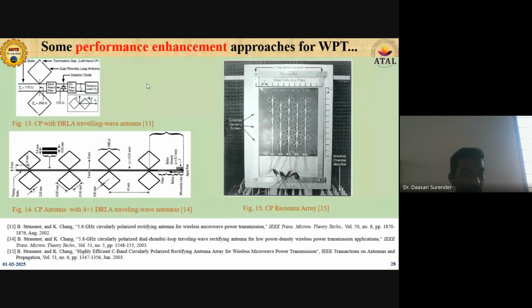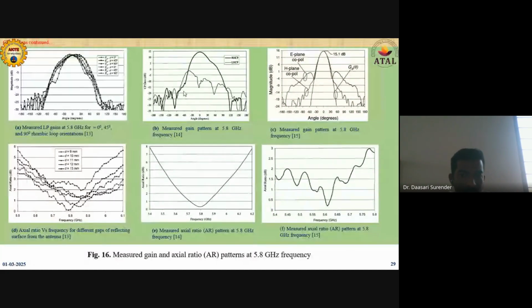Polarized antennas are presented in figure 16, A, B, C, and D, E, F. Here the maximum gain observed is around 5 dB.